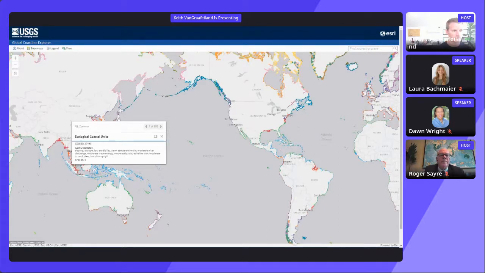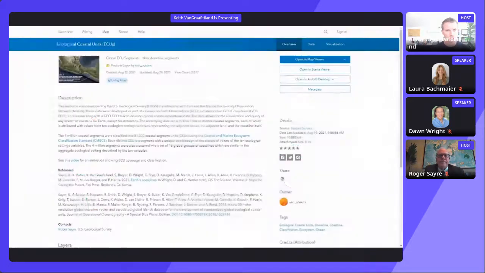It allows that exploration and discovery. And there are these feature layers in ArcGIS Online, and there's an ArcGIS Pro package that allows you to access this information and do further analysis, investigation, and query of the data to really learn more. These resources are made available to the GIS community through the ArcGIS Living Atlas of the World.